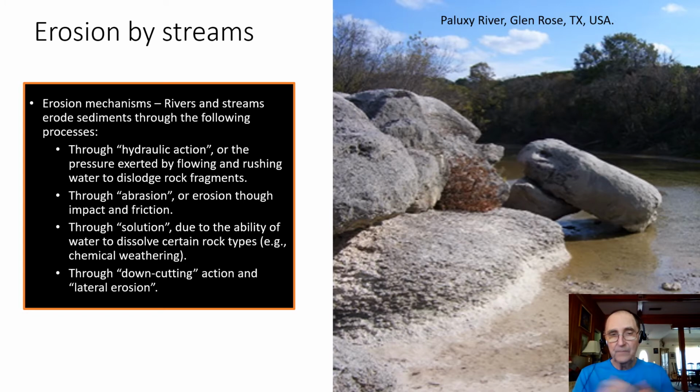Through solution, due to the ability of water to dissolve certain rock types, like we talked about in chemical weathering. And also through the down-cutting power of the stream and the power of the stream to also cut laterally to widen its channel. The picture is out of the Paluxy River in Glen Rose in Texas.